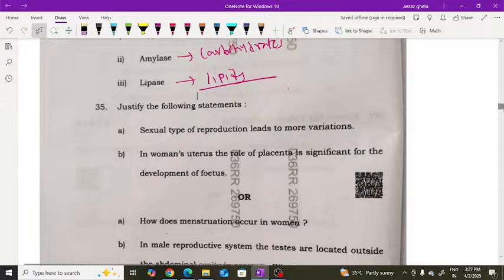In women, the placenta is significant for the development of the fetus. It transports all the nutrients required for the baby's development, and waste is also transported through the placenta to the mother's blood. Okay, very good.